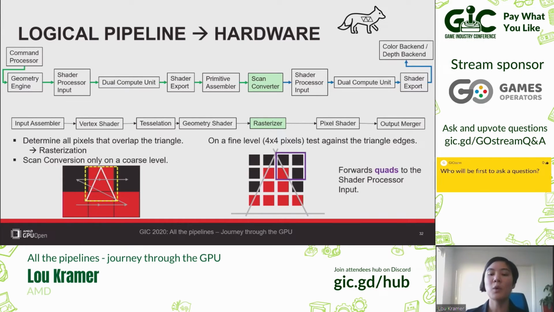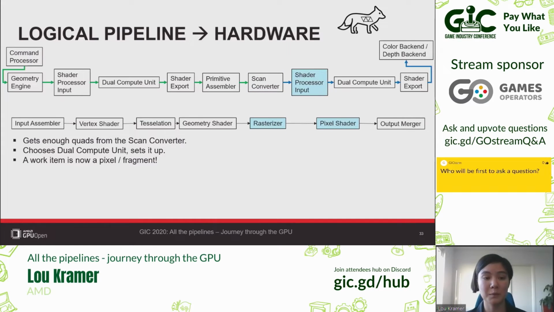So even if just one pixel within the quad is overlapped by the triangle, we still need the information of the other pixels to get the derivative information, which is needed, for example, for specific operations that the pixel shader needs to do. For example, to choose the correct mip levels, if you have textures and you're further away. And this is also kind of an optimization already. And so that's why we always have to work on quads.